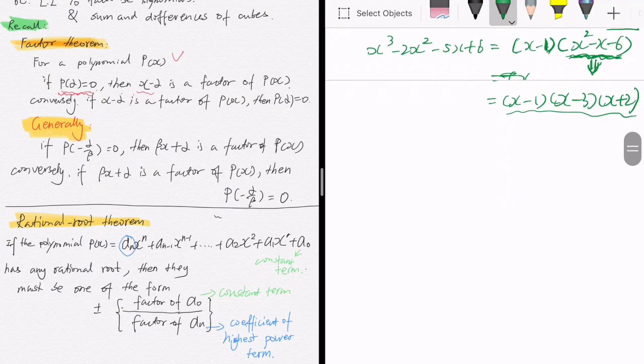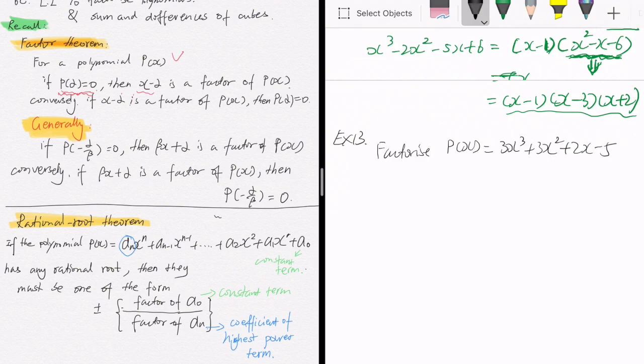So for example, question 13 on your booklet, we are asking you to factorize the polynomial p of x is equal to 3x cubed plus 3x squared plus 2x minus 5. Okay, so we're going to do something similar. We're going to find the constant term.